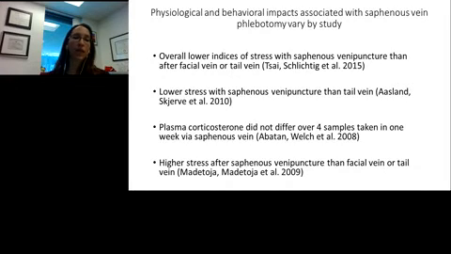Avitan et al. showed that plasma corticosterone did not differ over 4 samples that were taken in 1 week by the saphenous vein. But there are reports, such as the Matatoja report, that show that there's higher stress after saphenous venipuncture than after facial vein or tail vein.